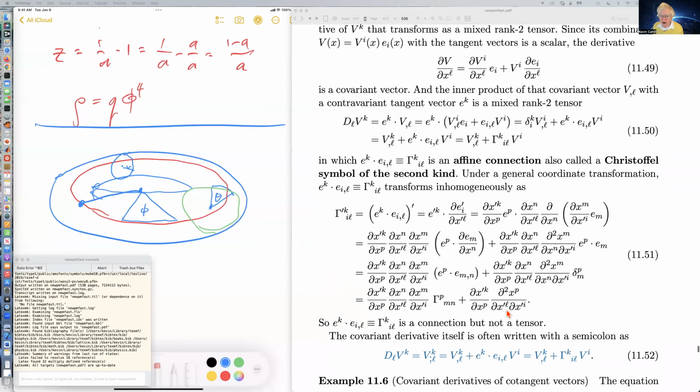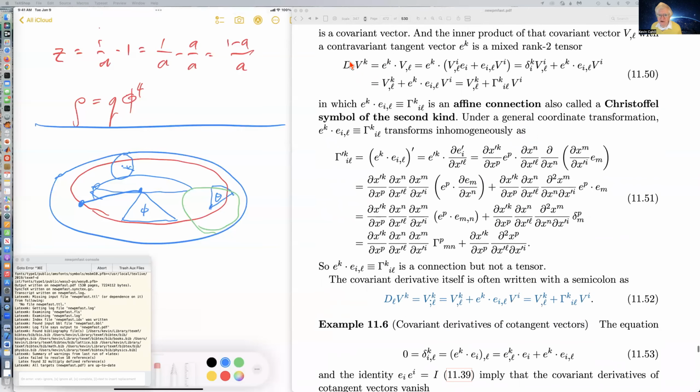I thought I would derive that for you just from the basic definition of the tensor in terms of a dot product of a cotangent vector with the derivative of a tangent vector. What you do is go to the primed coordinates, then you have the primed cotangent vector and the primed tangent vector and its derivative with respect to the primed variables.